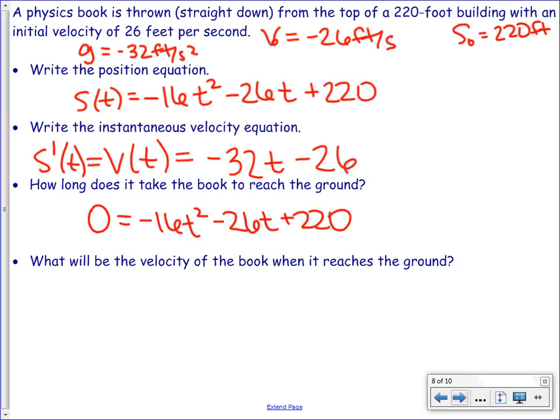What's that called? Quadratic formula. Now, it's possible that this can factor. If you don't want to spend the time factoring, you can use the quadratic formula. Something that I would do before you start factoring or using the quadratic formula would be to divide by, I would do more than just negative 1.